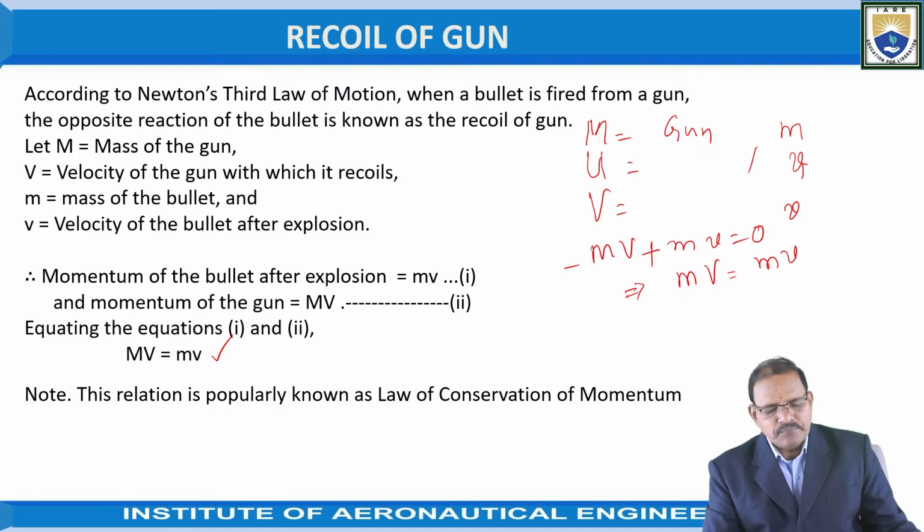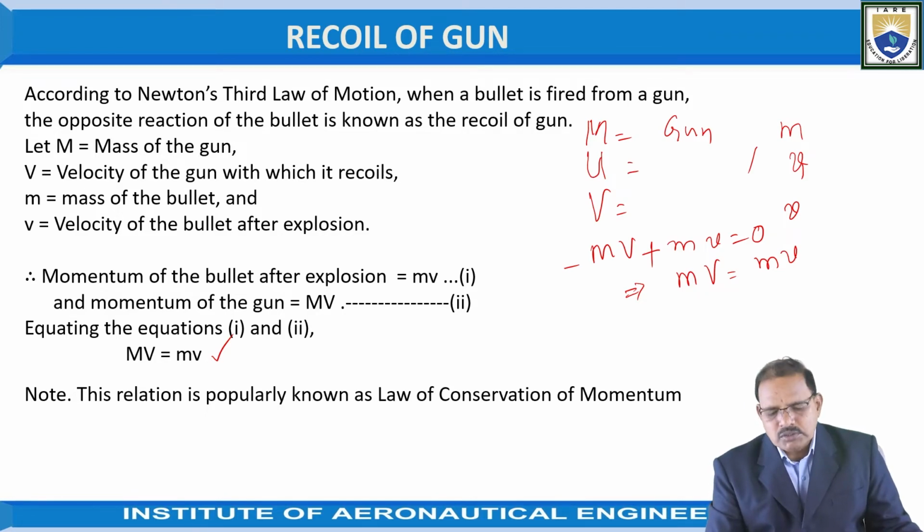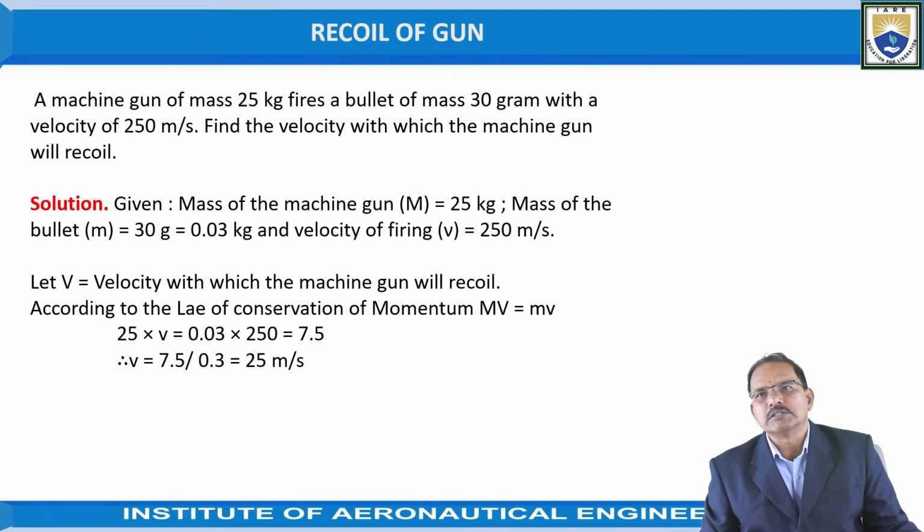These relations are also known as the law of conservation of momentum, that is, the momentum possessed by the bodies before the collision should be equal to the momentum possessed by the bodies after the collision.